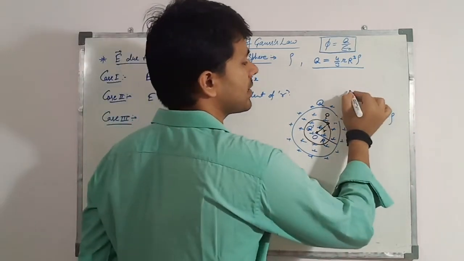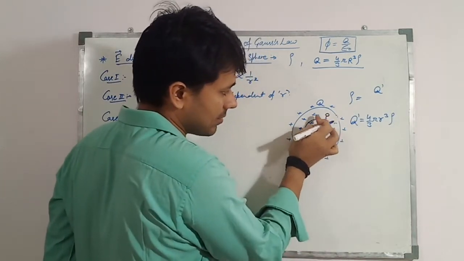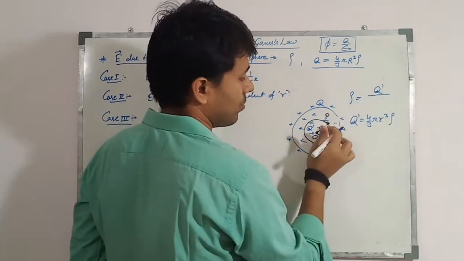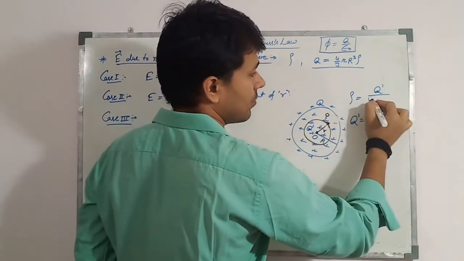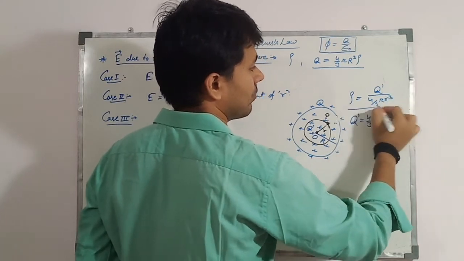Or we can say that rho is equal to the charge enclosed by this sphere upon the volume of this sphere, meaning 4 by 3 pi r cube. Both are the same thing.